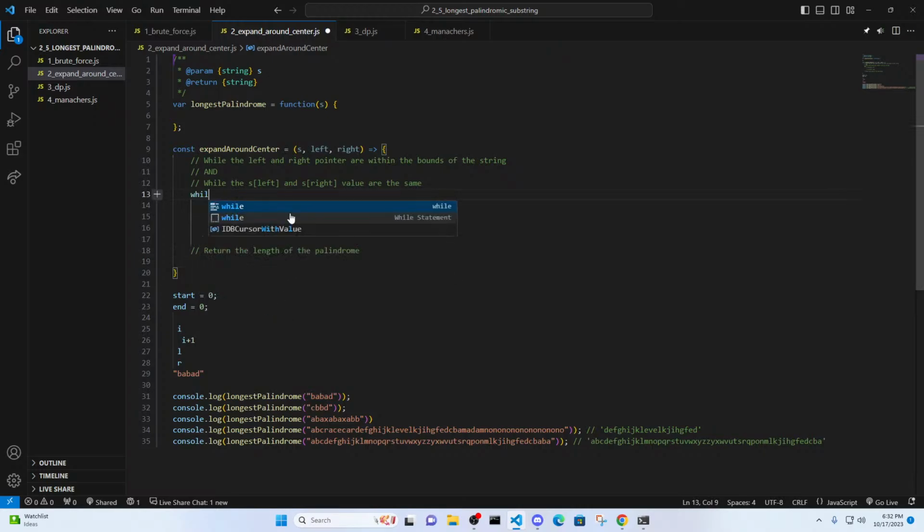So we'll do while left is greater than or equal to 0, and right is less than or equal to s dot length, and s dot left equals s dot right.